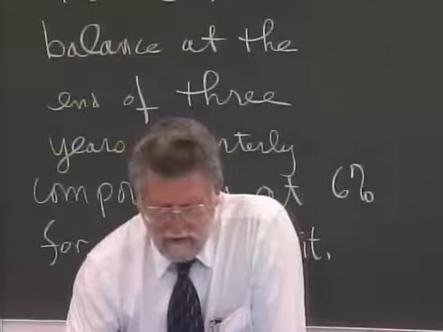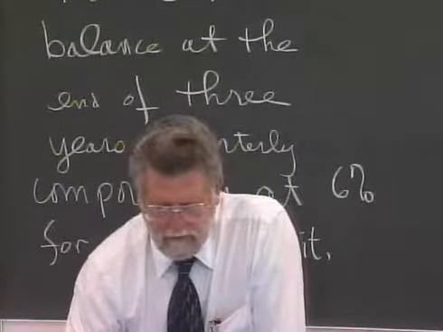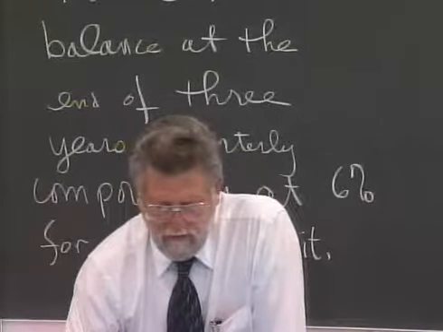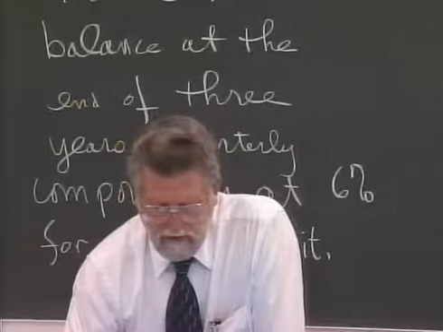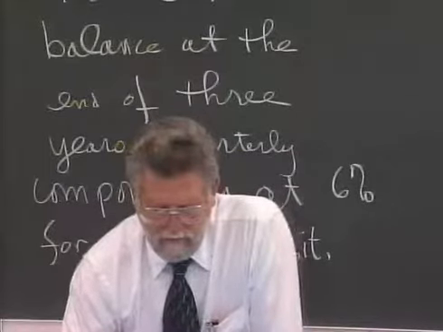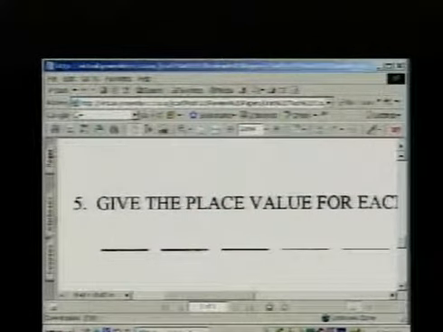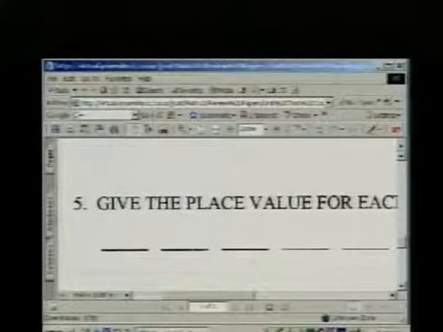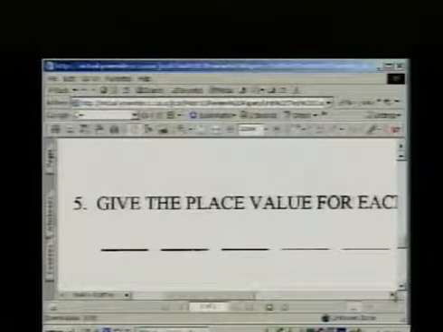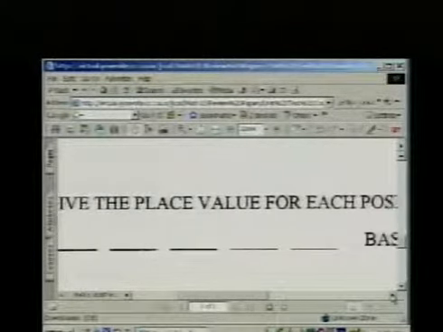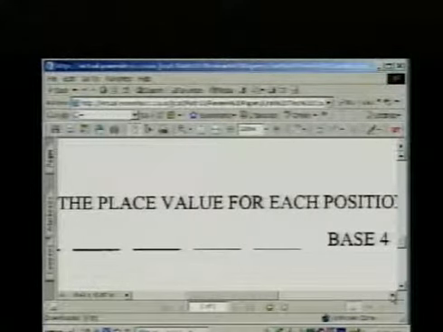Now let's see what else we can do here. Again, what I'm going to do is scroll down and see if we can find another one. Here's a pretty short one. Short answers, that's what I'm hunting for. We're going to give the place value for each digit. So the question is, what base?